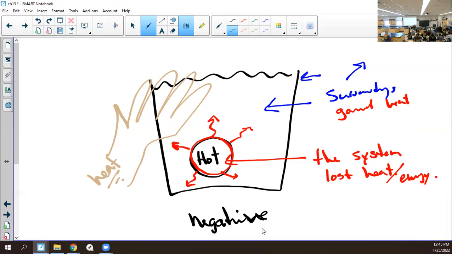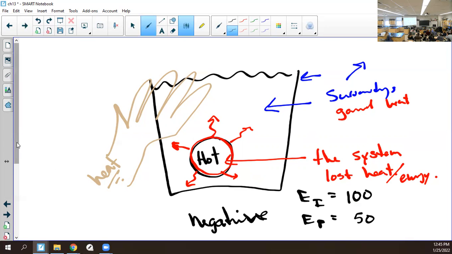Why is it negative? This is the part that tricks people up, remember, please. Okay, because the energy left the system. So the E initial would be when the ball is hot, right? So let's say it's 100. E final would be when the ball has cooled. So whatever number, I don't care, 50.